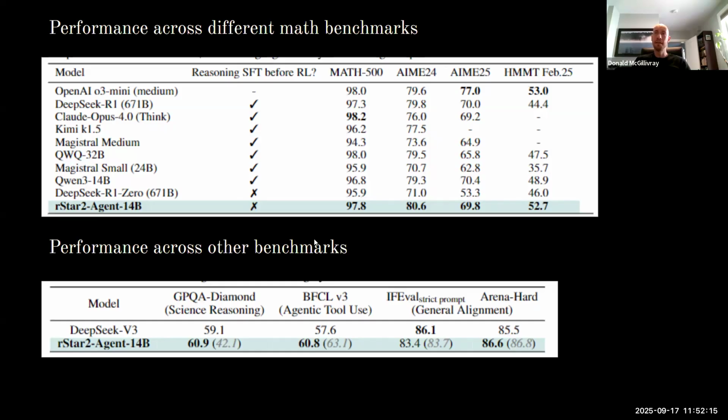So maybe the type of tool specifically might take the agent over the performance bump, but that's a direction left for exploration, I guess.